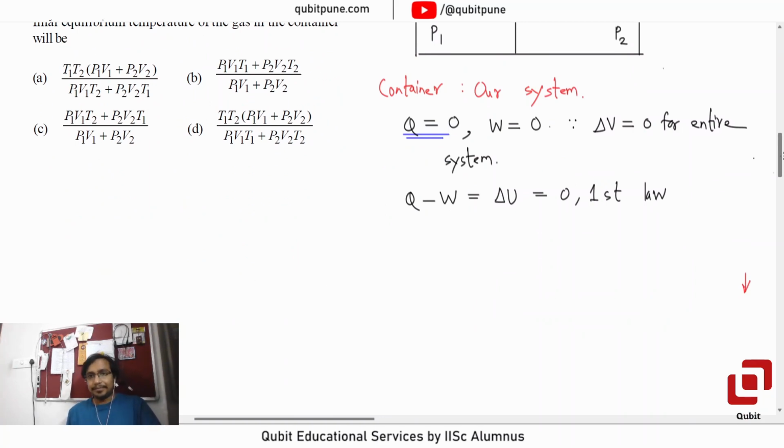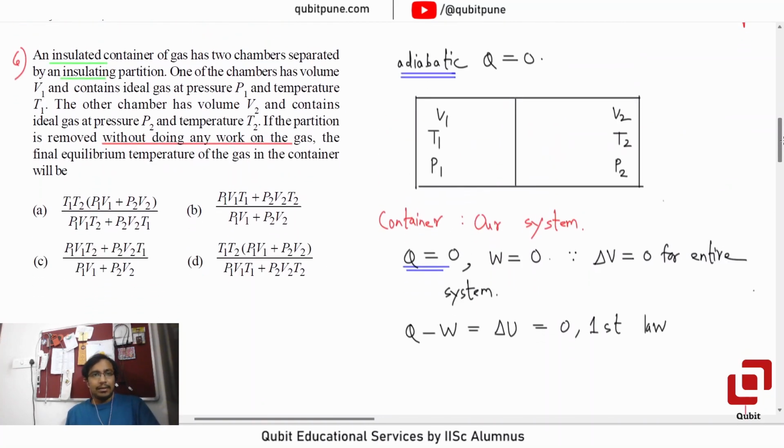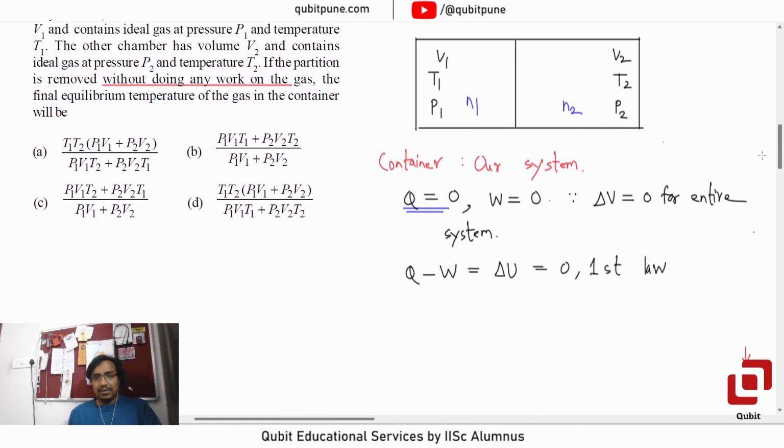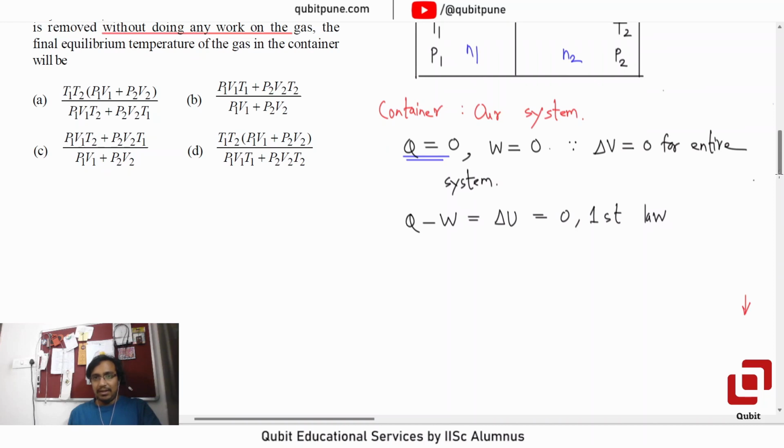Now look here. Is it given how many moles of ideal gas are there? It's not given. So let us suppose that there are N1 moles here and N2 moles here. Now let's try to consider the balance of the internal energy.